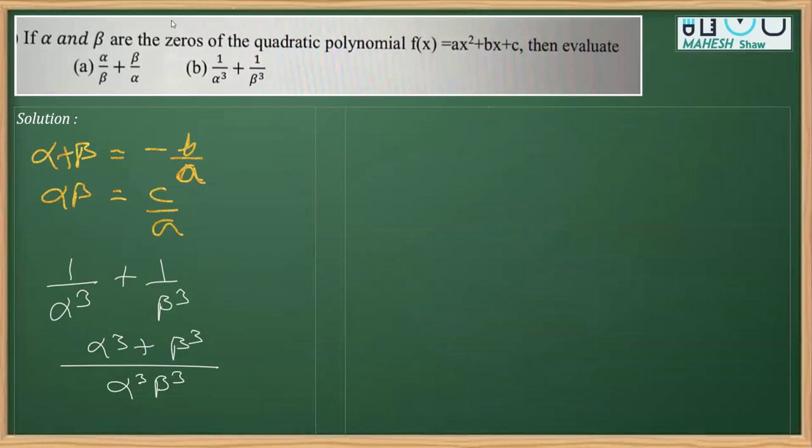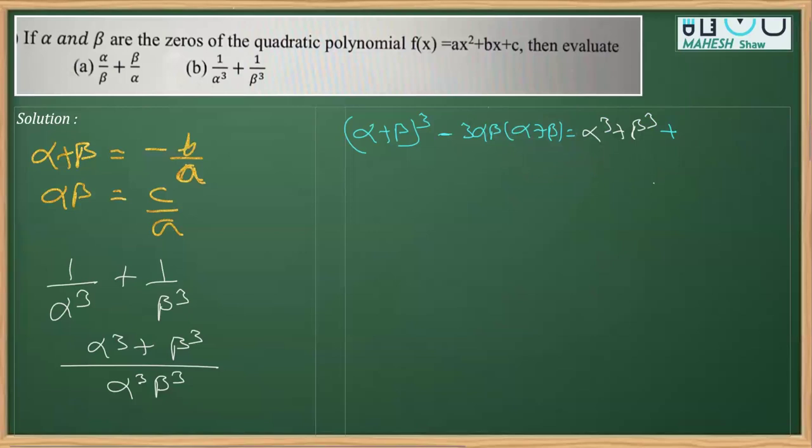For that, I'm going to use the identity for a plus b whole cube, which is a cube plus b cube plus 3ab times a plus b. Since we have to obtain alpha cube plus beta cube, I need to isolate it, so I transpose the other term to the other side, and it becomes minus.